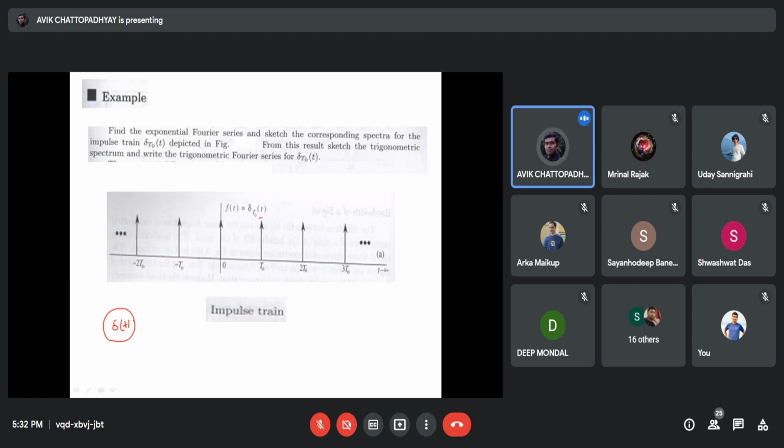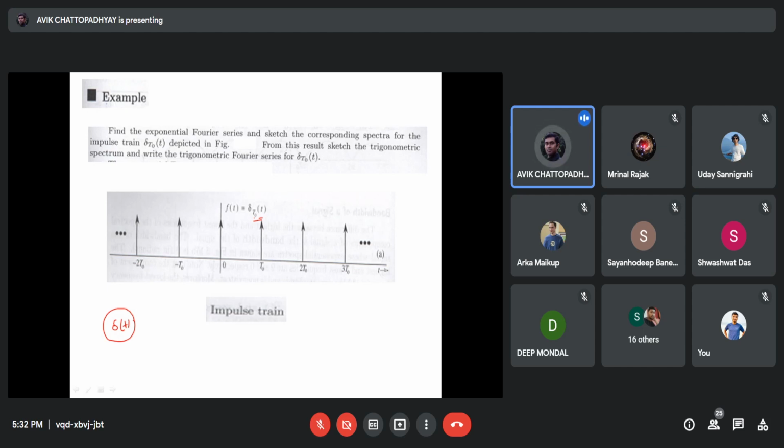Otherwise, you have to use this notation. It is a universally accepted notation. Delta, with the subscript t0 or t, indicates that the delta function is periodic in nature, having the period t0 or t. So this is that delta function, which repeats itself after t0 in both directions, and thus becomes periodic.